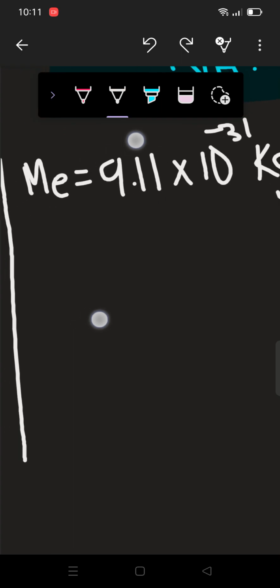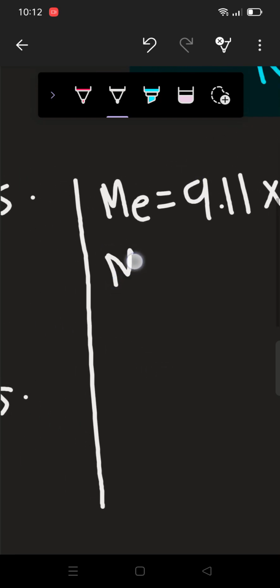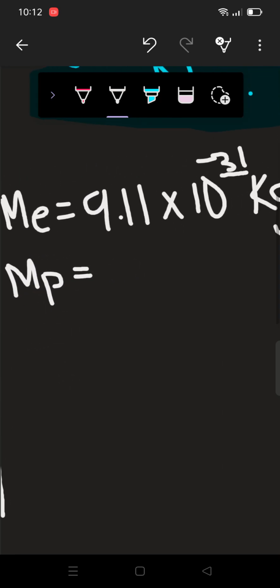And the mass of proton is what? The mass of proton is greater than the mass of electron. You can see minus 31 power means it is going to be very small, right? So the mass of proton is 1.67 into 10 to the power minus 27 kg. It is a bit greater than the mass of the electron.